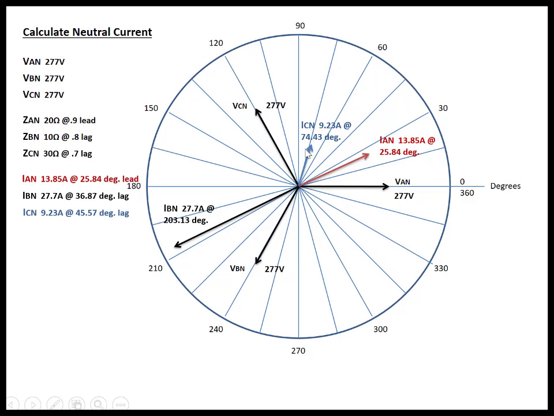That minus 45.57 degrees gives me the current at 74.43 degrees. So this is what the phasor diagram should look like for the three phase voltages and the three phase currents that we have. Once we have this plotted on our phasor diagram, we can now calculate our neutral current.